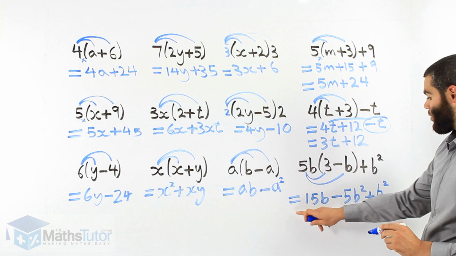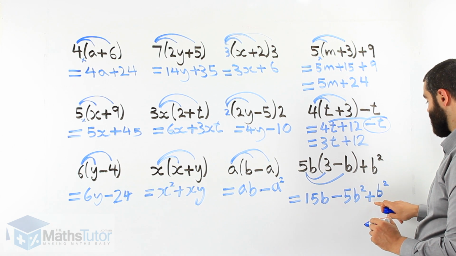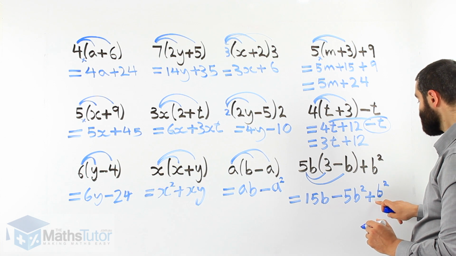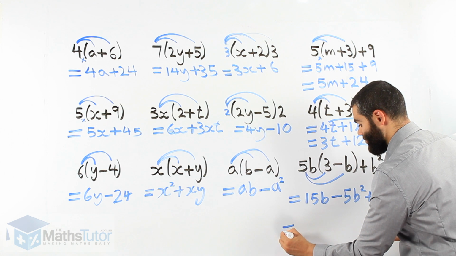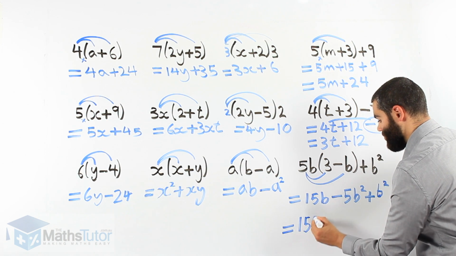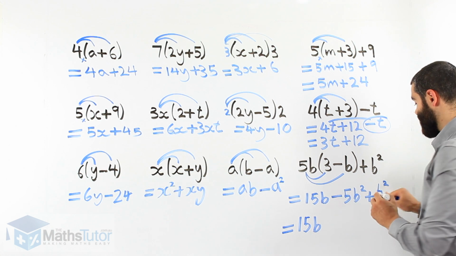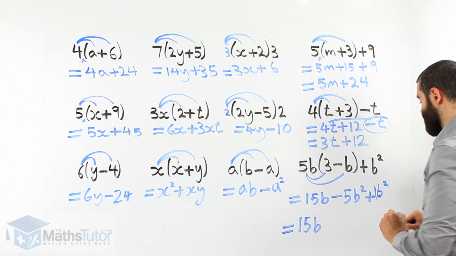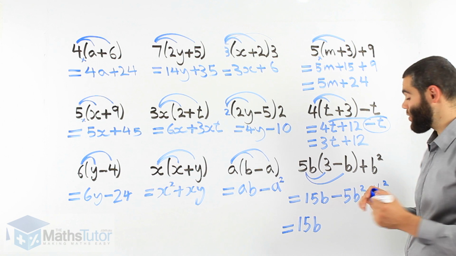Now we can tell, do we have any like terms? We have a b here, a b squared, and a b squared there. 15b minus 5, and we know there's a 1 there because b squared really is 1b squared, but the 1 is invisible.